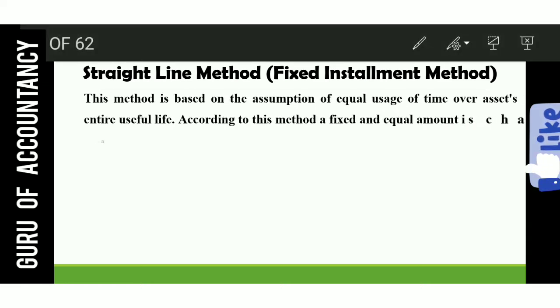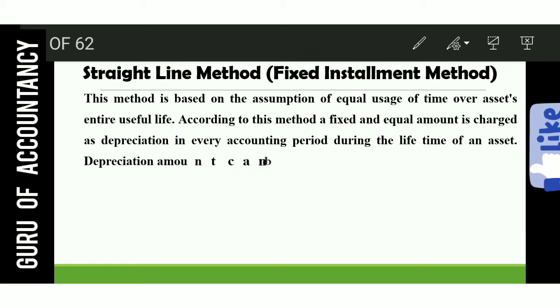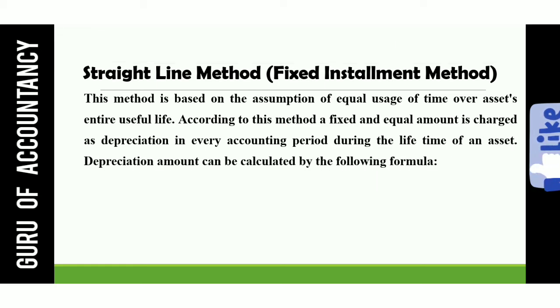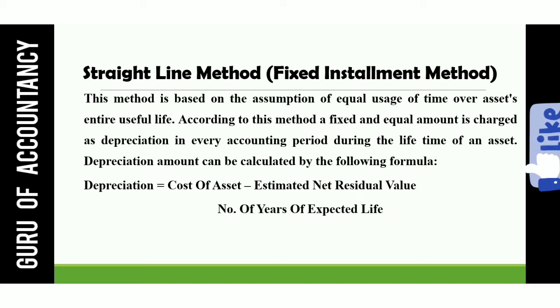This method is based on the assumption of equal usage of time over assets' entire useful life. According to this method, a fixed and equal amount is charged as depreciation in every accounting period during the lifetime of an asset. Depreciation amount can be calculated by applying the below given formula.